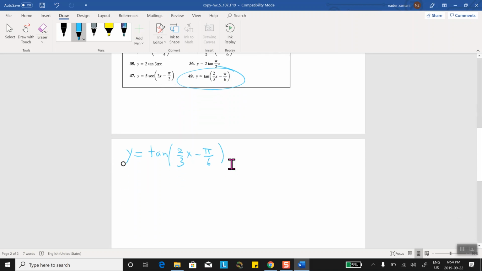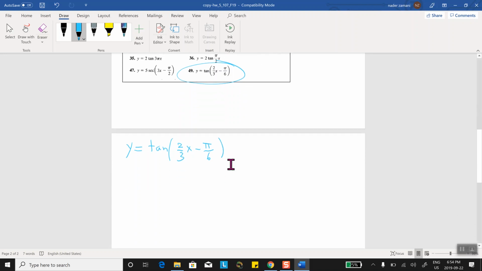Okay, so first thing I'm going to do is rewrite this thing as tangent of, I'm going to factor the 2/3. So it's going to be x minus pi. Let me see now, when I multiply, 1/6 divided by 2/3.